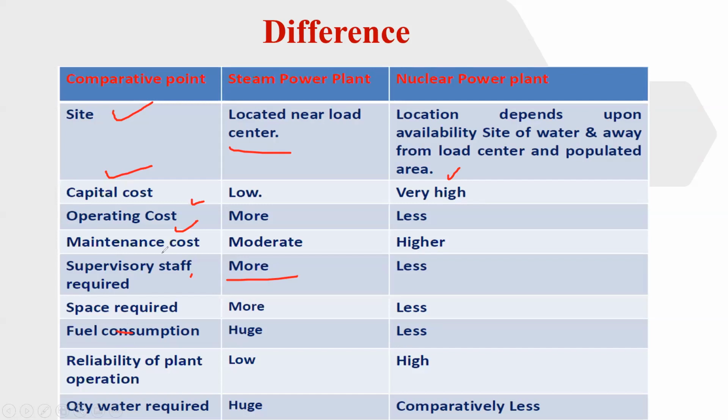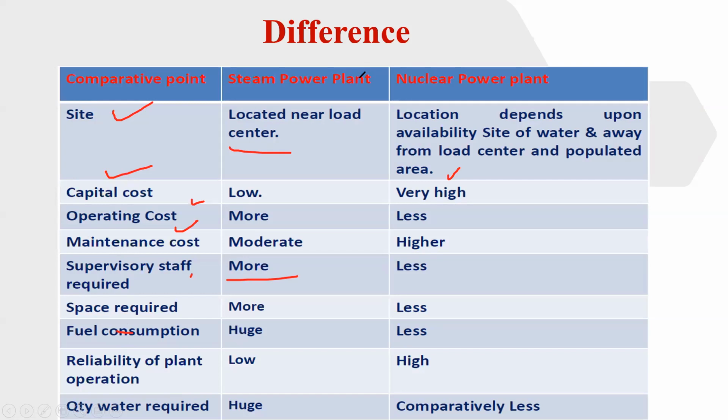Based upon these points, I can classify the steam power plant and nuclear power plant. So this is the way I can cover all the points with respect to the nuclear power plant.